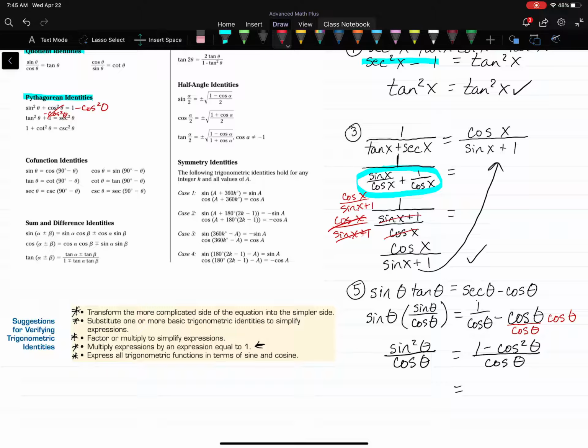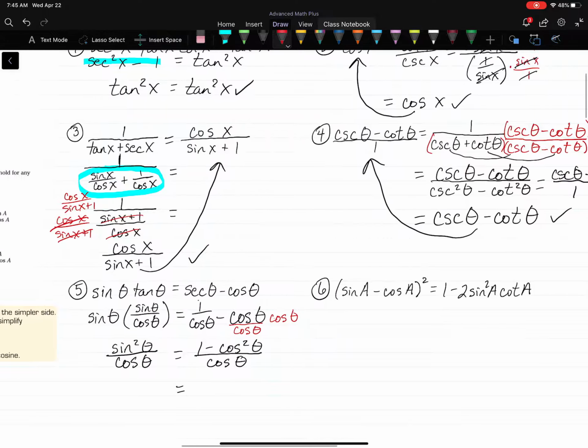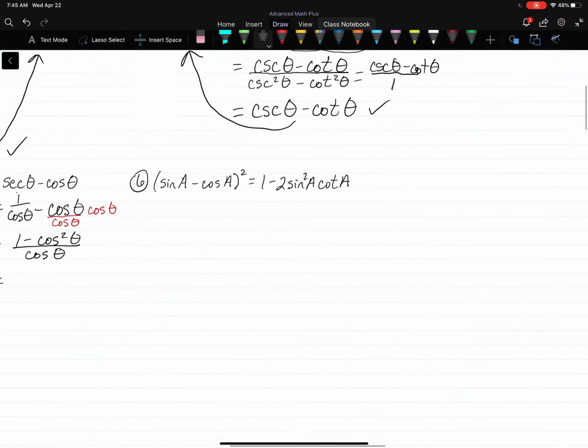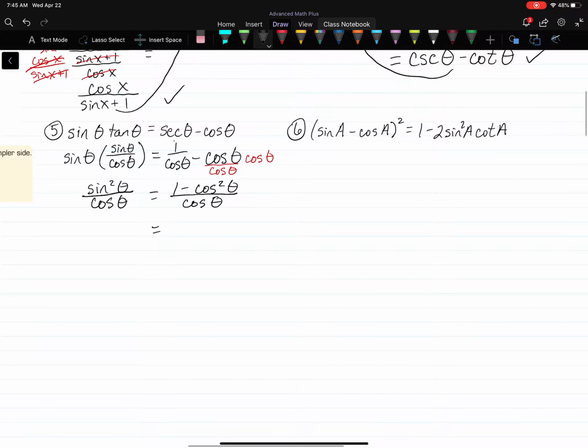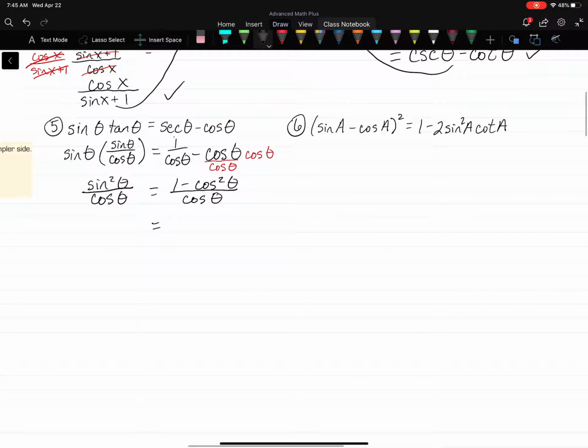And that tells me 1 minus cosine squared theta is sine squared theta. So I can replace 1 minus cosine squared theta with sine squared theta over cosine theta. And we're done. We got the same exact thing on both sides.